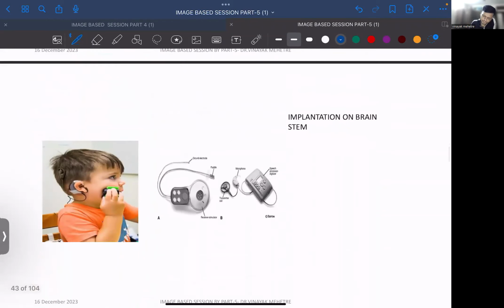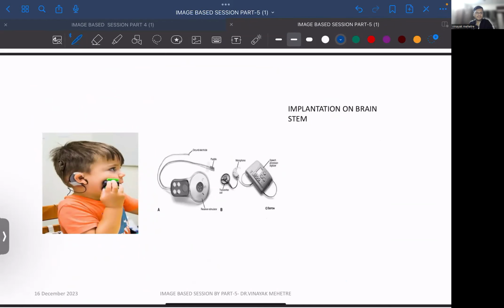ठीक है. फिर आता है ABI. Now problem is in the nerve. Nerve के अंदर problem था, head nerve में problem है. Now what we will do, we will put an implant which is going to act directly on the brain.